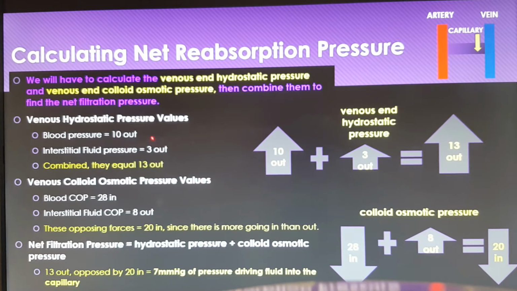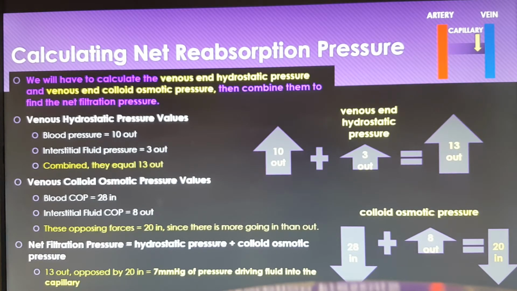Your blood pressure has dropped by this time. We had 30 at your arterial end, and now it's down to 10. Your interstitial fluid pressure did not change, so it's still 3 out. You combine 10 out with 3 out, and it equals 13 out. So 13 millimeters of mercury of pressure out, driving fluid out of your capillaries at the venous end due to hydrostatic pressure.